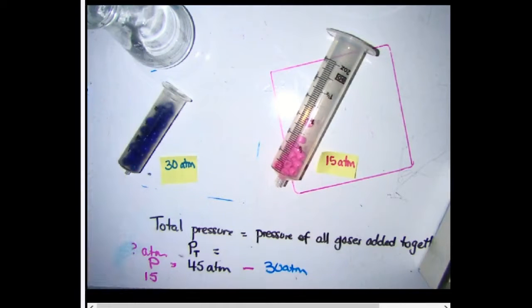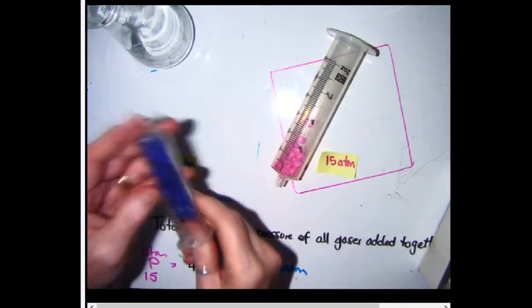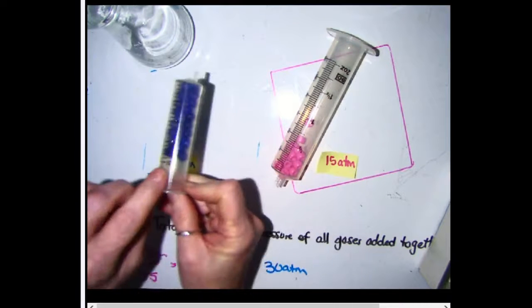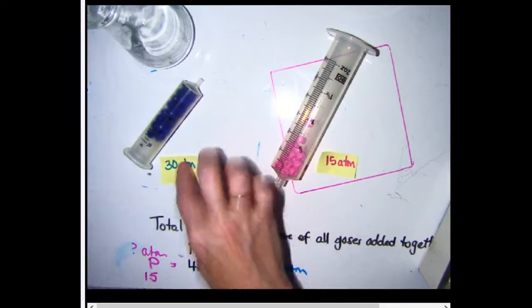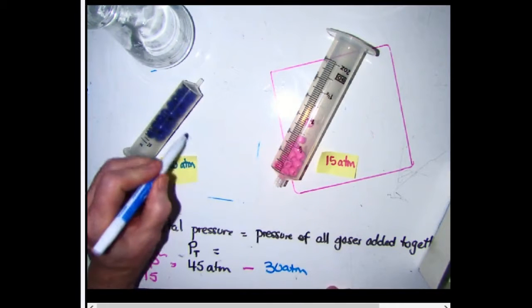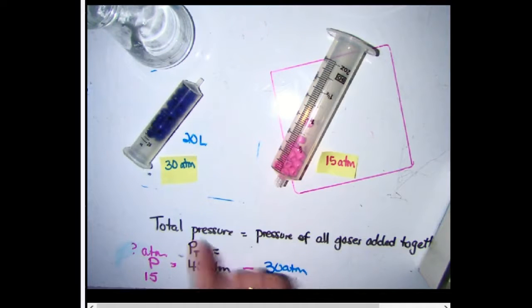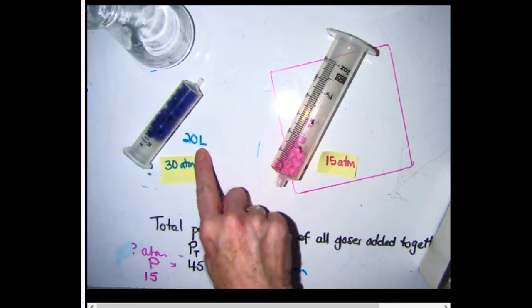But the volumes are no longer 3 liters. Instead of milliliters, we're going to say this syringe has a volume of 20. So we're going to say we have 30 atmospheres in 20 liters. It's not really liters, but we're going to use that. So this is the pressure of the blue in the volume of the blue.